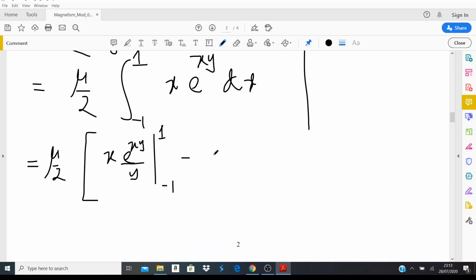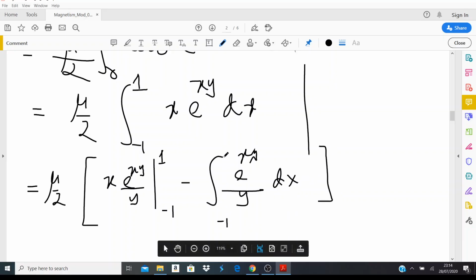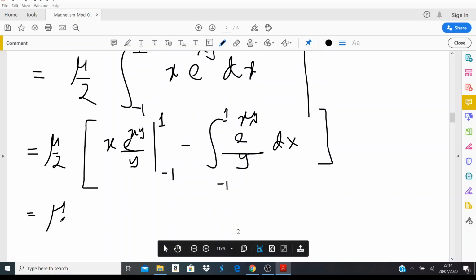Now then minus integration of the, then first function should be differentiated with respect to x, that's 1, and second function needs to be integrated, that's like e to the power xy by y, right? And then we need to put dx here. That's our integration, right? So if you look at this quantity, what is that?